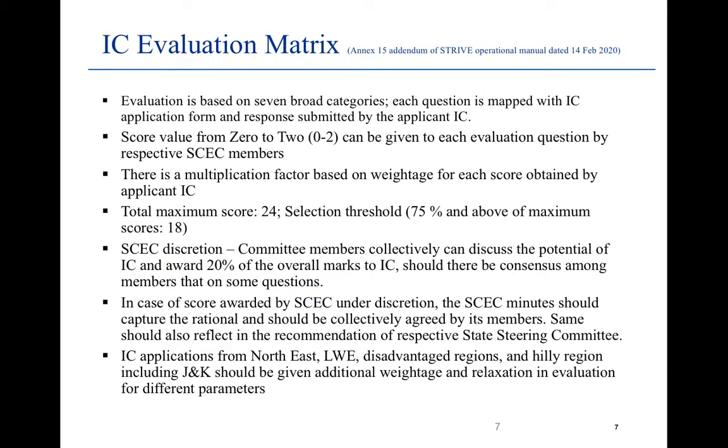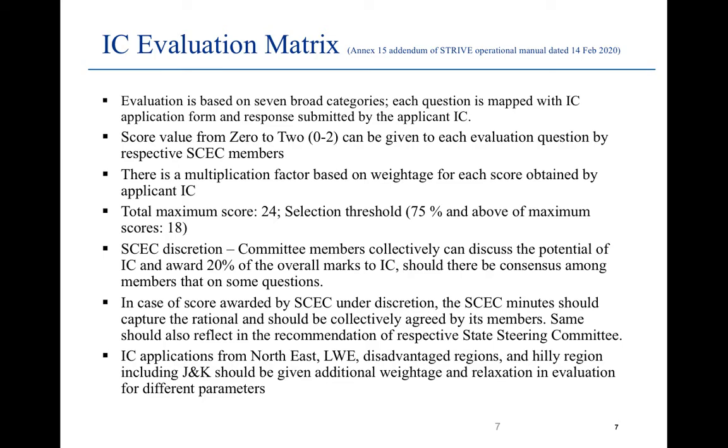Now, coming back to the IC evaluation matrix, this is actually Annexure 15 of the STRIVE Operational Manual. There are 7 broad categories on which the evaluation will take place. Each category is mapped with a particular set of questions of the IC application form.